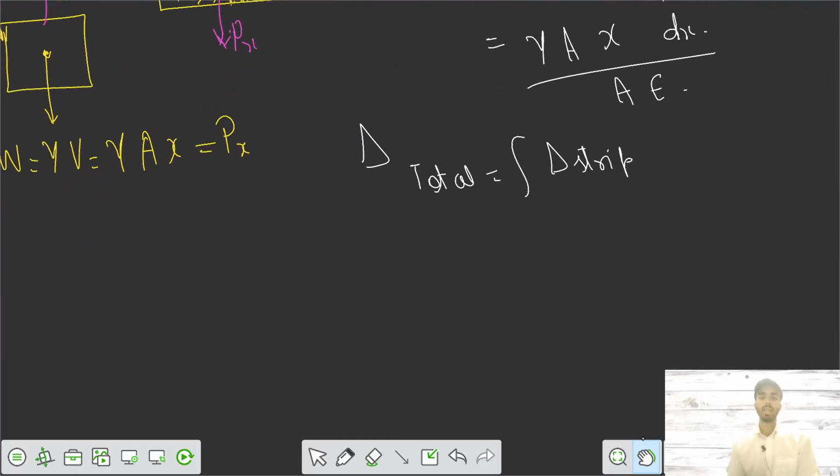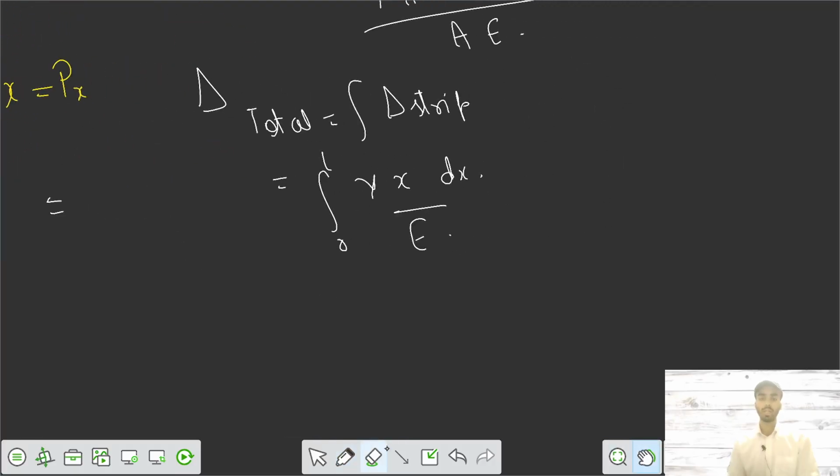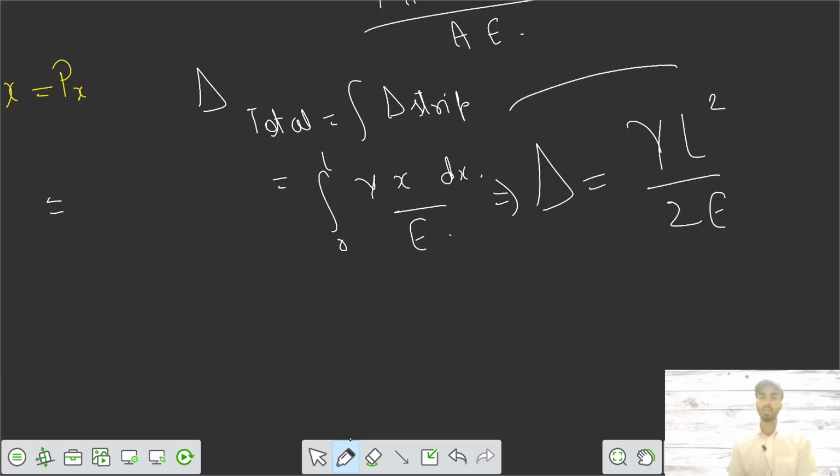Delta total equals summation of delta of all the strips, which equals integration 0 to L of gamma x dx upon E. If you do the integration, you get delta equals gamma L squared by 2E.